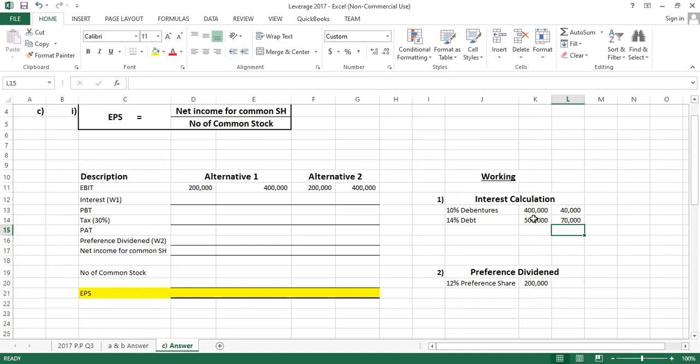So the 500,000 interest is 70,000. So the total interest amount is 110,000 for alternative 1. So less the interest cost for alternative 1, 110,000.